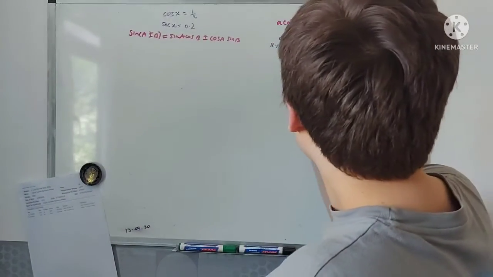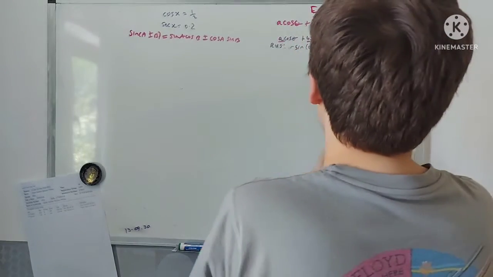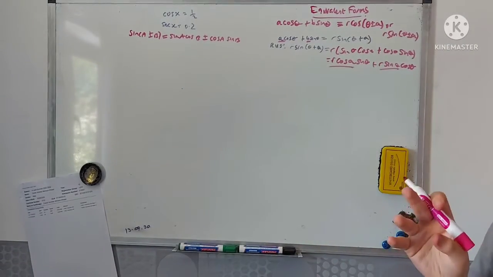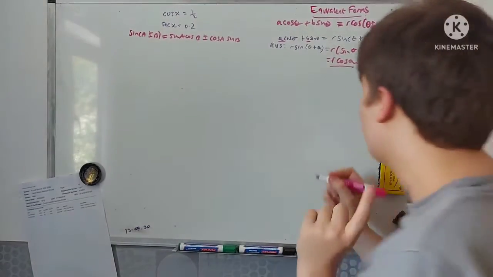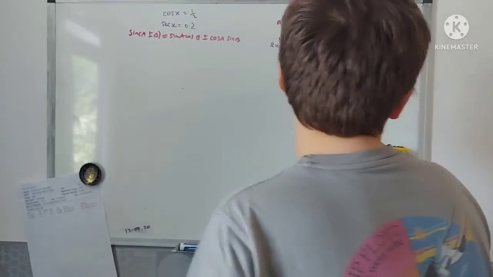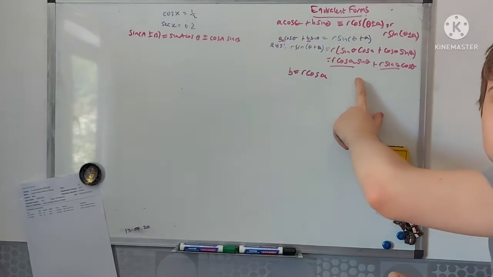I've got an a and a b at the front of my cos and my sine, but I've also got these at the front of my cos and my sine here as well. It doesn't matter the order, but it means I can compare coefficients and say b is the same as r cos alpha, because it's in front of our sine theta here.